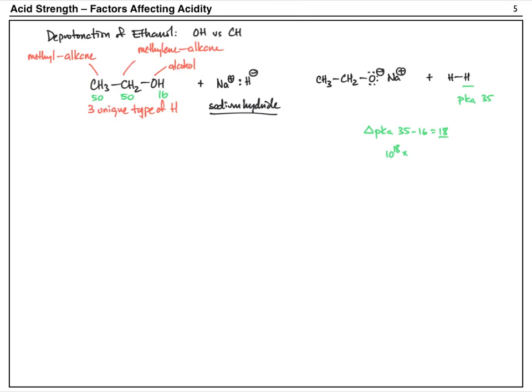So again, if we're determining how the equilibrium lies, it's lying completely towards the products. So we're always favoring the weaker acid-base pair when we draw our arrows.